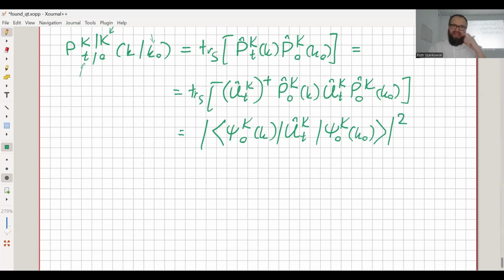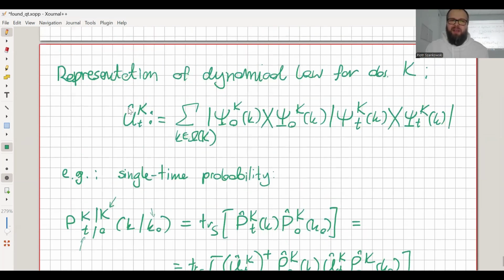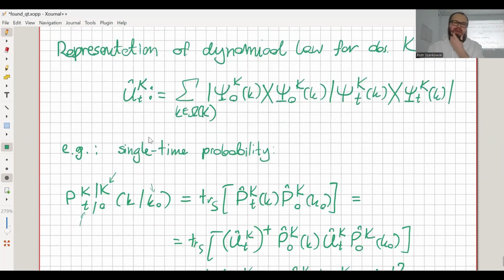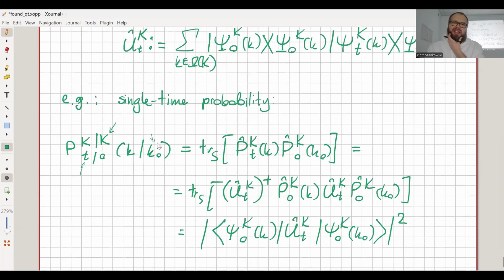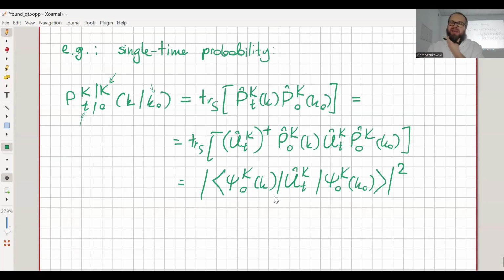All right. So with this representation in terms of unitary evolution operator, we can write down the probability, single time probability, as a matrix element of this u of t.